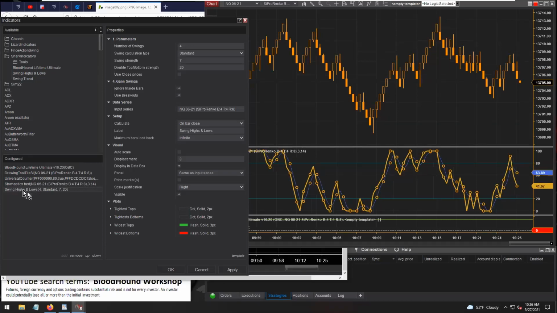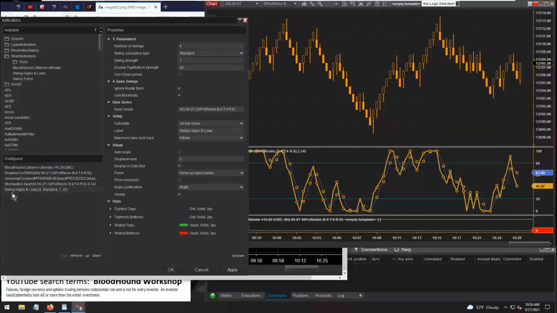So the swing highs and lows is not our invention; it comes from the price action swings indicator, which is available on Futures IO, and I think it's also available in NinjaTrader's app share location. I think somebody uploaded it up there eventually.